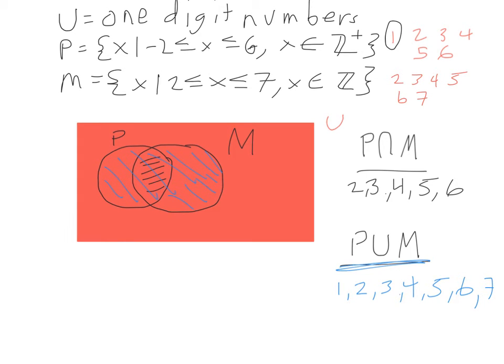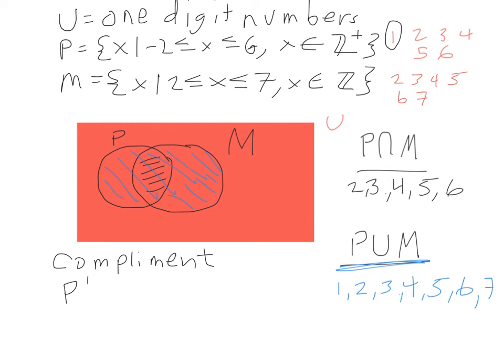Now, I want to add in one last thing, like I mentioned. I want to add in something called the complement. Now the complement is all the numbers inside of U that are not in one of the other sets that we have. So for example, if I were to write P apostrophe, the apostrophe there represents the complement.